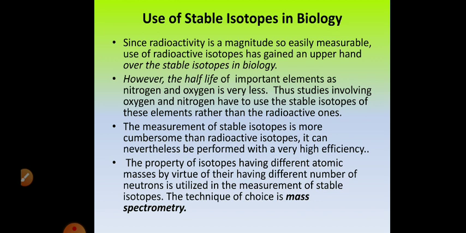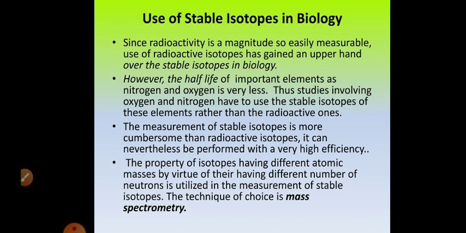Now, why do we feel a need for using stable isotopes in biology? Since radioactivity is a magnitude which can be so easily measured, the use of radioisotopes in biology has gained an upper hand over stable isotopes, even today. However, there are certain isotopes whose half-life is very, very short.